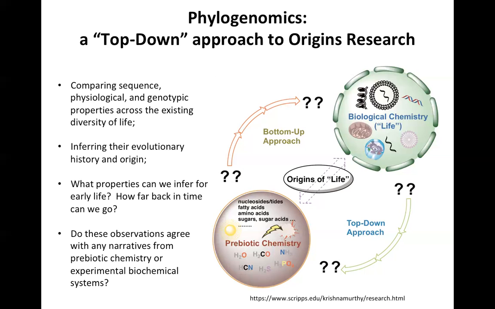How far back in time can we go? Do the observations we can infer with a top-down approach converge upon, or at least agree, or are they consistent with any of the narratives that have been established by our collaborators working in the field of prebiotic chemistry?